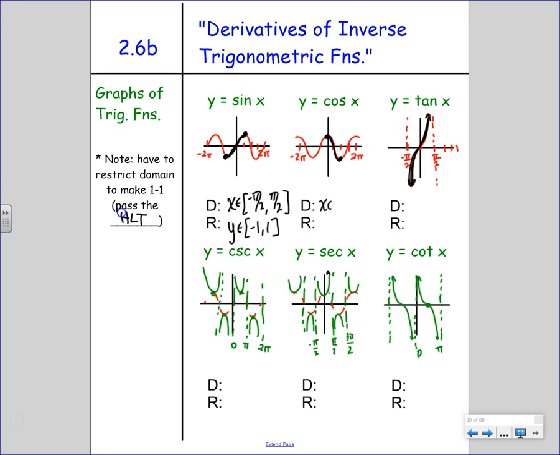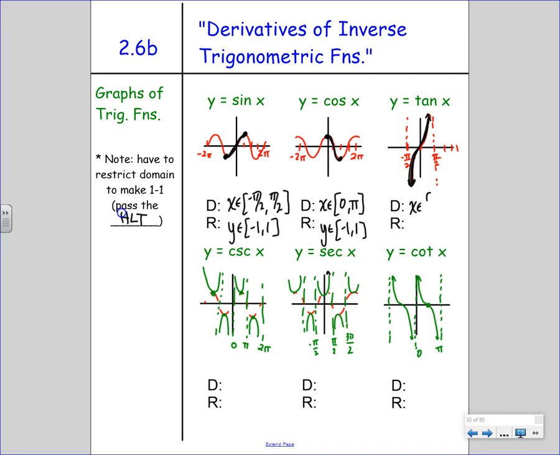Cosine, we choose to be between 0 and pi, but it also only goes in between negative 1 and 1. Last year we talked about how for sine inverse, we go between quadrants 4 and 1, negative 90 to 90. Cosine inverse, we go between quadrants 1 and 2, 0 to pi.